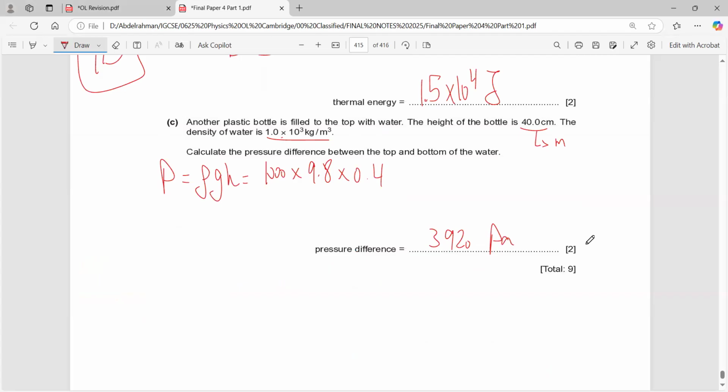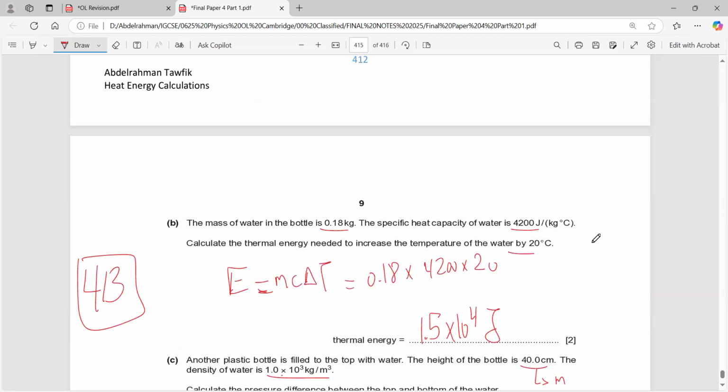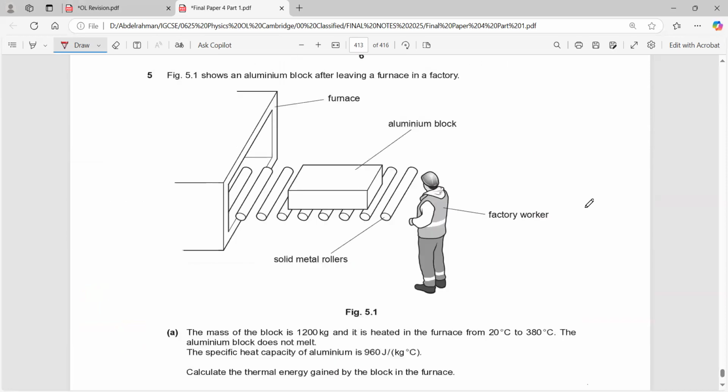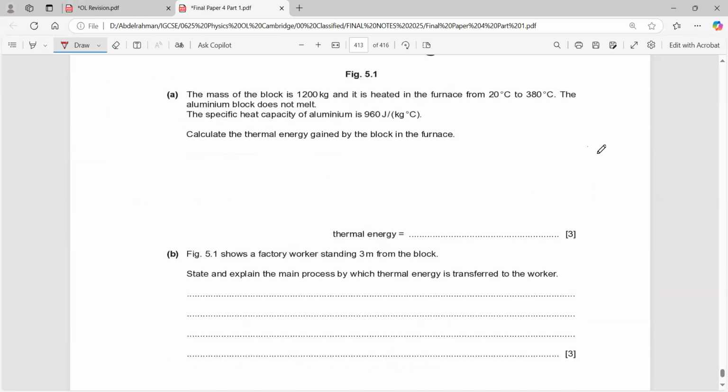The difference between the pressure at the top and the bottom would be 3,920 pascals. The specific heat capacity is 960. Calculate the thermal energy gained by the block in the furnace.